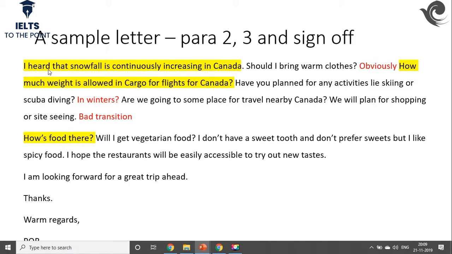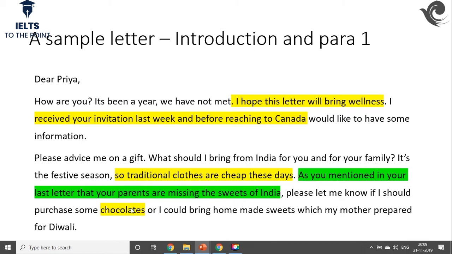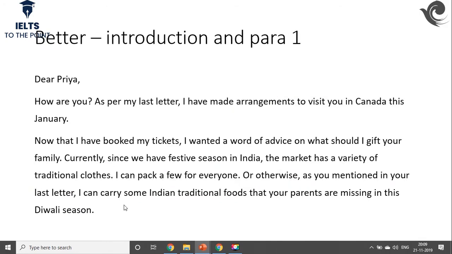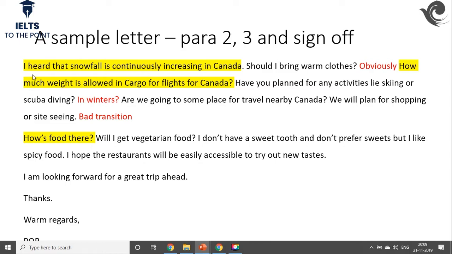Now we'll look at the continuation of the same letter written by the student. Just to give you perspective, the student had written, I could bring homemade sweets which my mother prepared for Diwali. Now the student says, I heard that snowfall is continuously increasing in Canada.